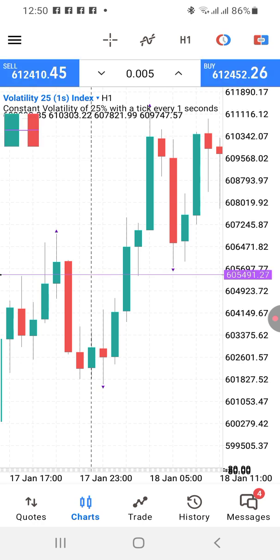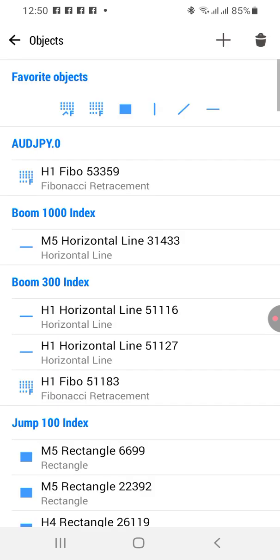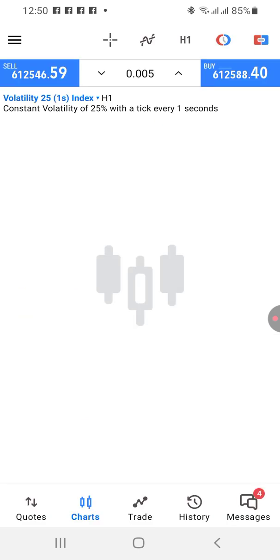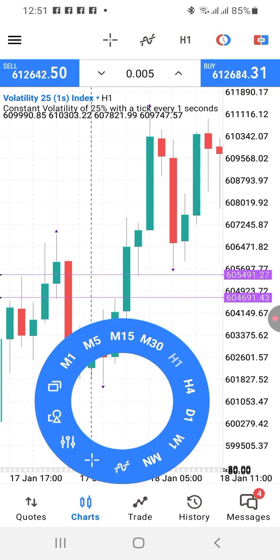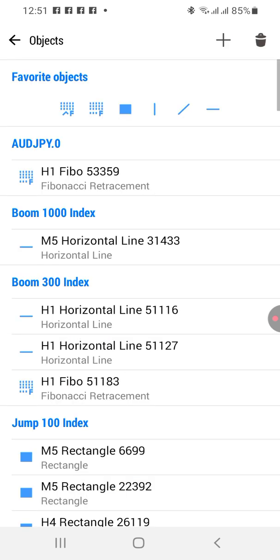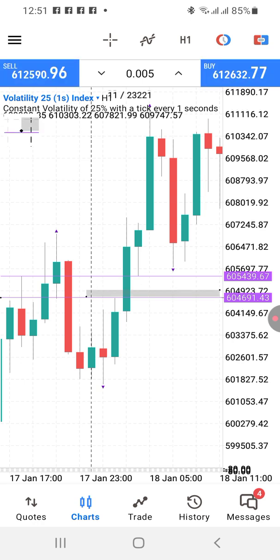I'm not a techie person. Once we zone the fair value gap like this, that is what we are doing.